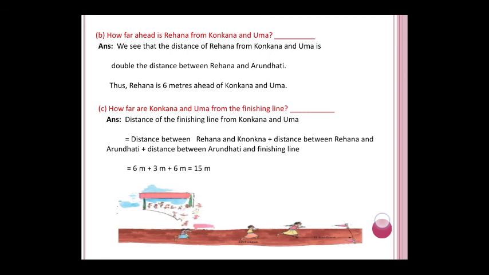So Rehana and Konkana distance is 6 meters, plus distance between Rehana and Arundhati, you can see in this picture it is 3 meters, and the distance between Arundhati and finishing line, they already gave, it is 6 meters. So totally if you add, you will get 15 meters. Thus Konkana and Uma are 15 meters far from the finishing line.